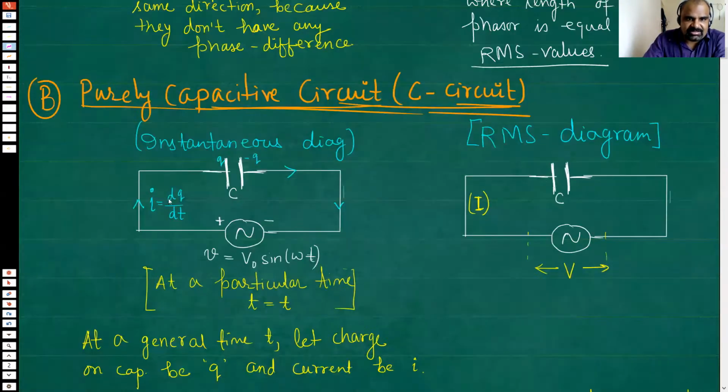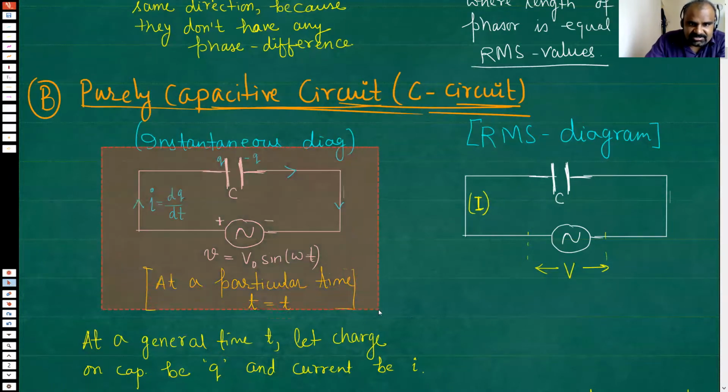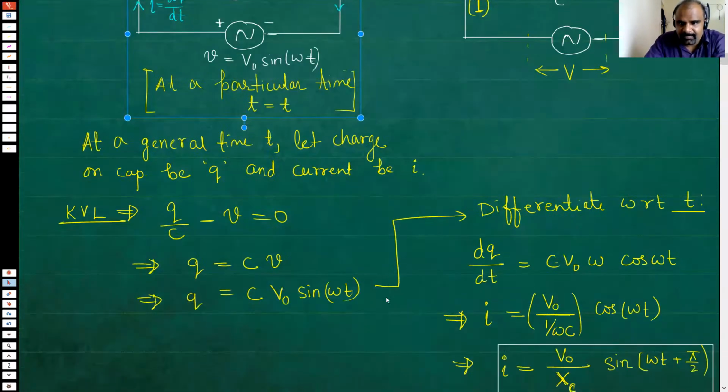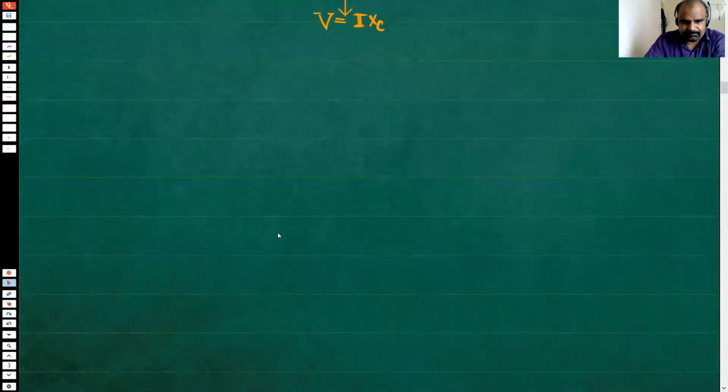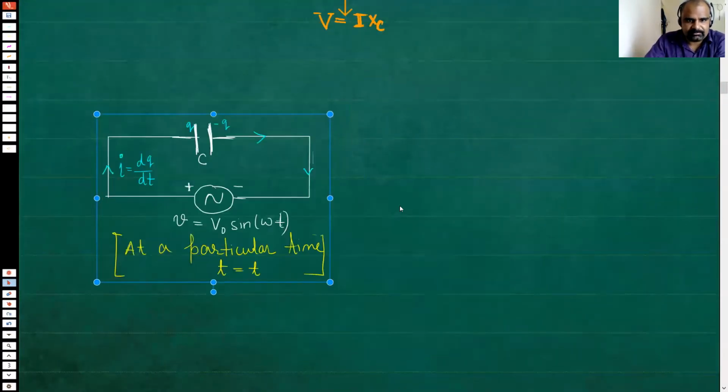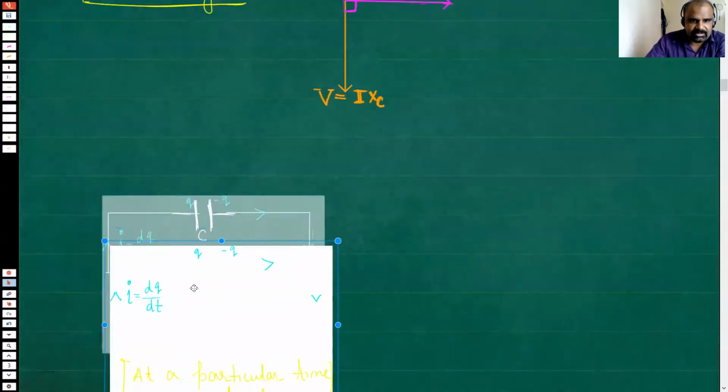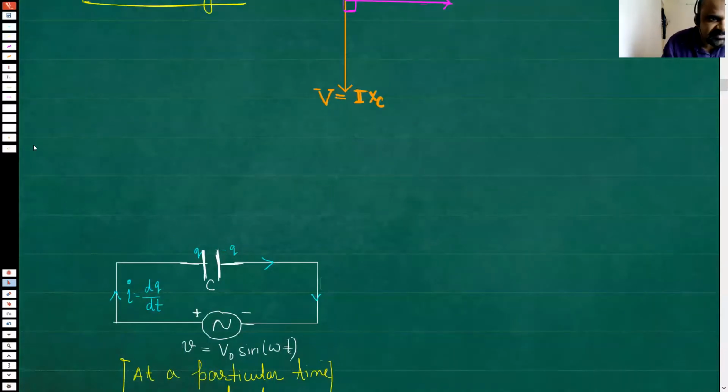Now let's look at the other circuit, which is the inductive circuit. Let me at least finish that part today. We have some time left. So now we are looking at the third type of circuit. Here I've just copied it. Don't worry, I'll make changes here.